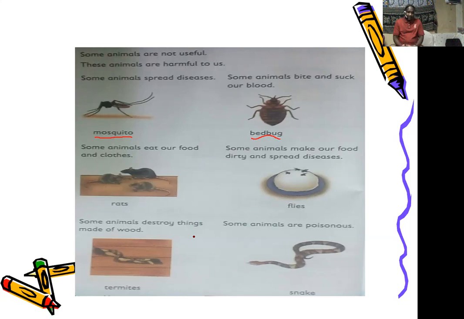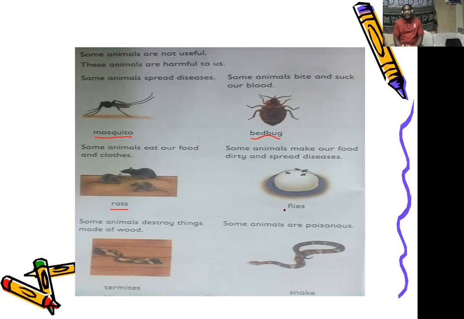Some animals eat food and the clothes. If you look at the other picture, we have rats. Rats, they are very dangerous. They eat clothes and they eat grains. Some animals make our food dirty and spread diseases.